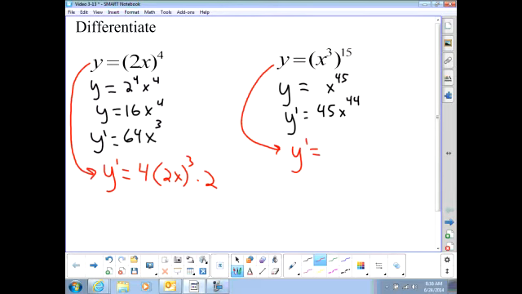And over here, y prime would be equal to 15 times (x cubed) to the 14th times 3x squared. So, this is our new rule. Let's see if you can look at it and figure out where this is coming from in our original problem.